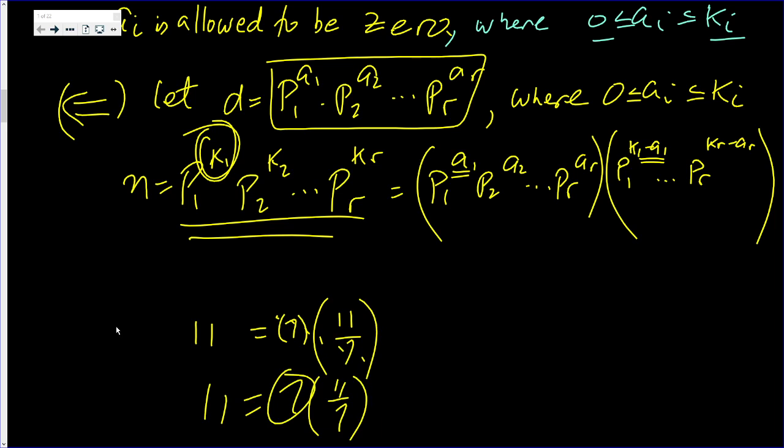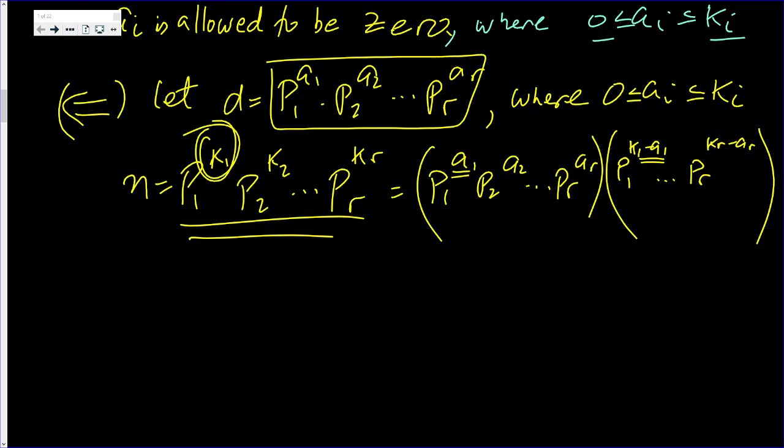No. That's because 11 over 7 is not an integer. I need to make sure that this here is an integer. That is, these powers can't be negative, because if P1 to their, oh yeah, I guess I'll write it.